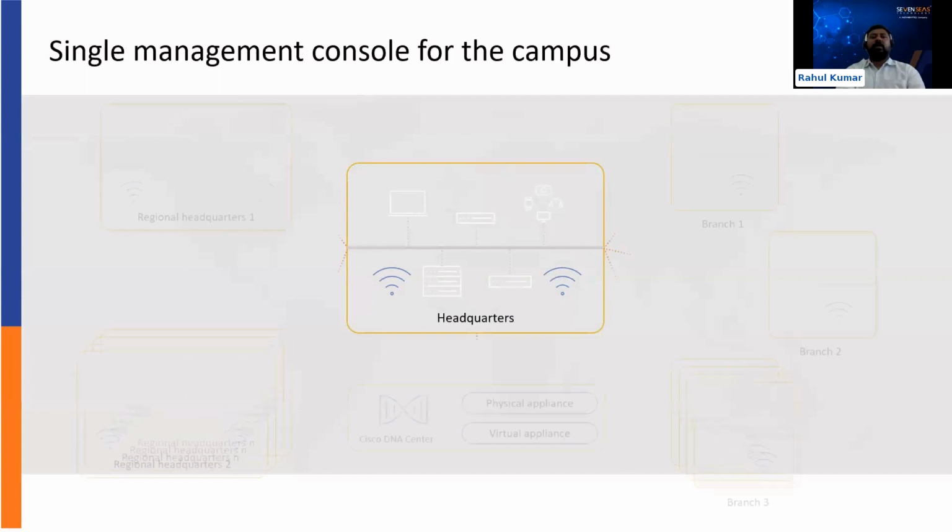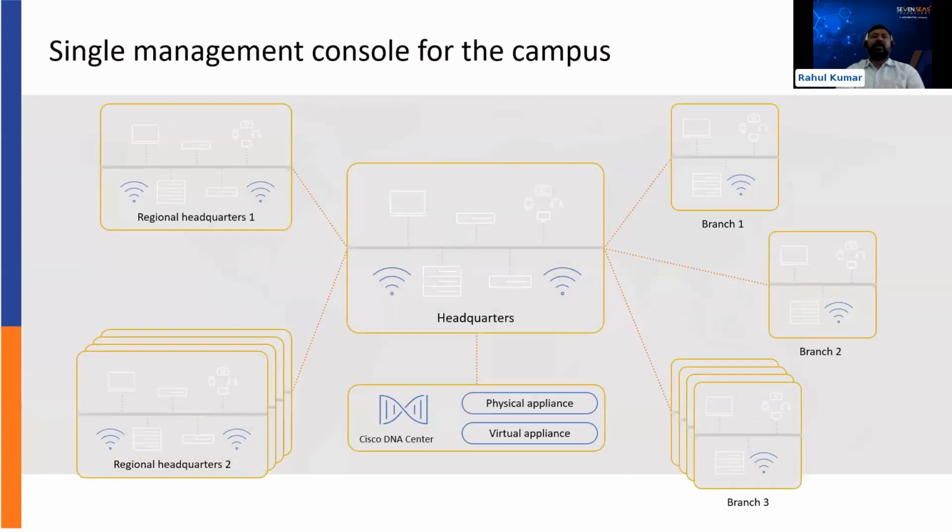Now I'll show you what Cisco DNA Center looks like as a single management console for the campus. This is a high-level diagram for your headquarters and branch connectivity. Cisco DNA Center will manage your entire campus network, including your headquarters and branch, and wireless devices for IT and IoT, from the same single console.